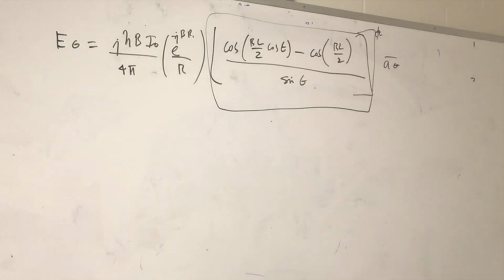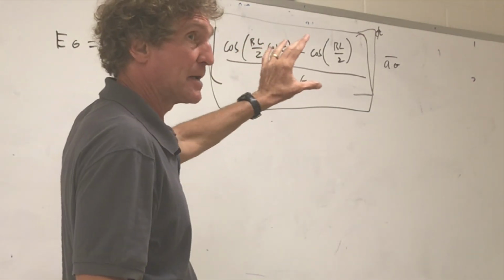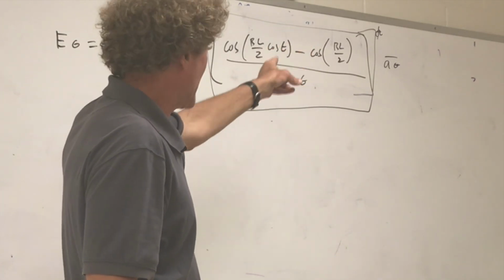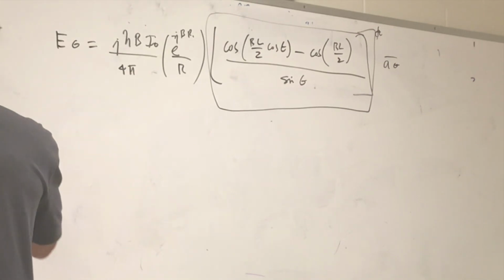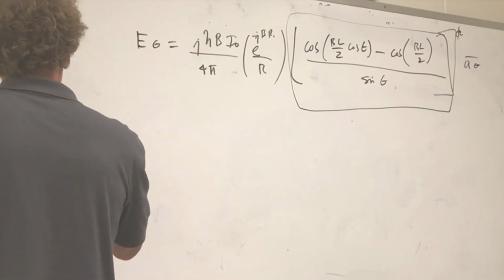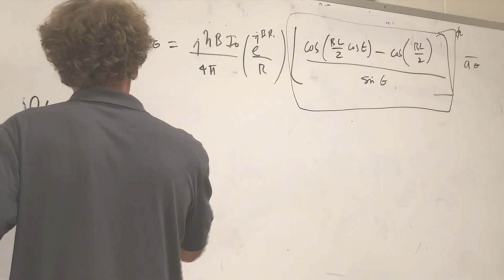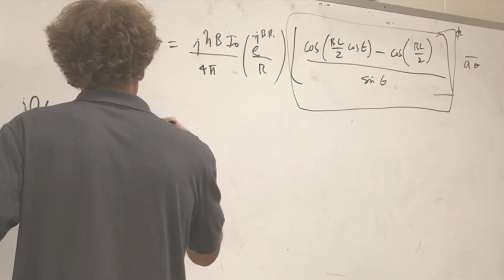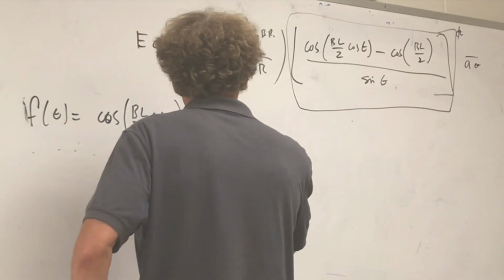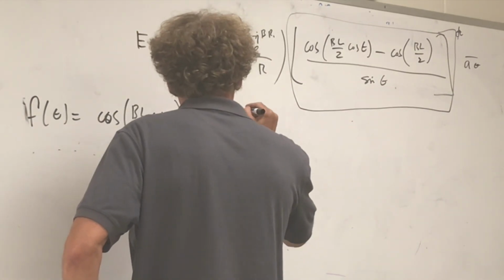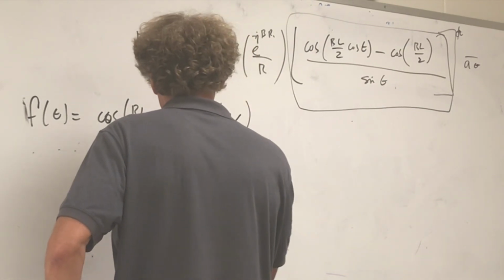This one, that angular function, if you square the electric field, multiply by 1/2 and divide by eta, that angular function, I'll call it small f of theta. That's cosine of beta L over 2 cosine of theta minus cosine of beta L over 2, divided by sine of theta.